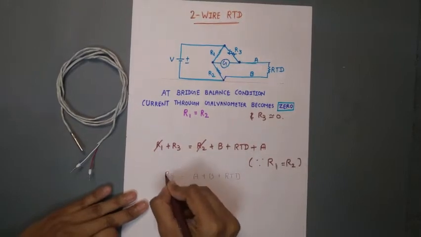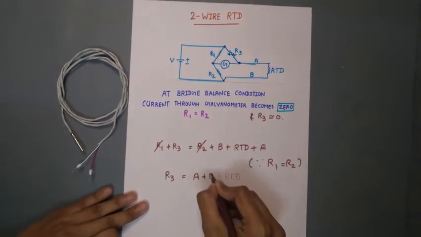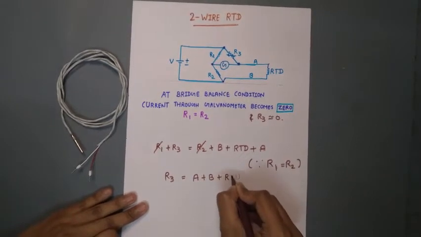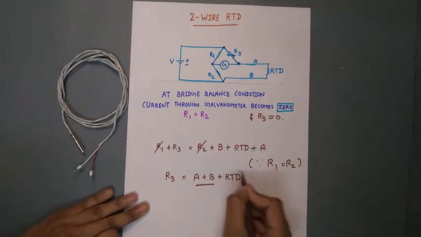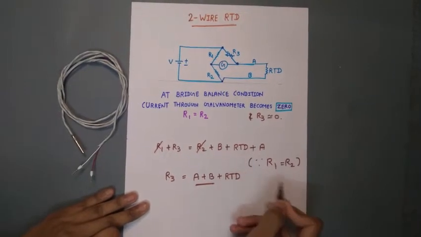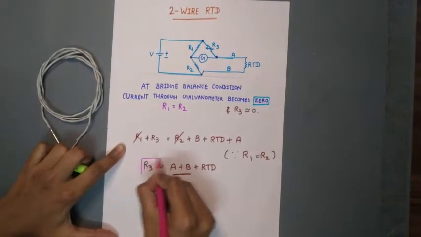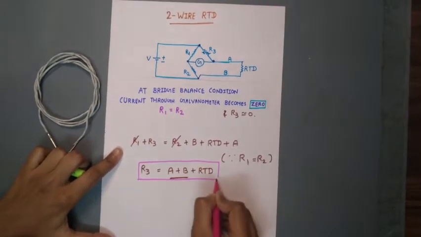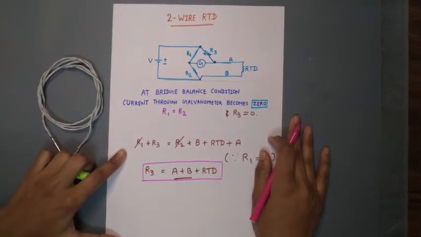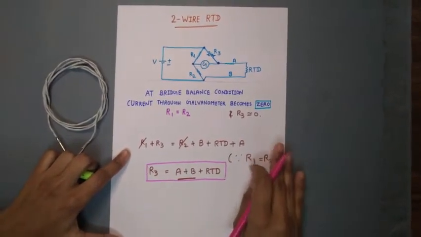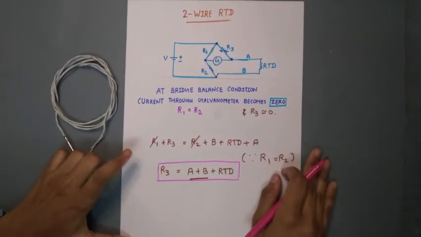So now R3 is equal to A plus B plus RTD. So the lead wire resistance is added with the RTD, which may give errors. Due to these errors, we don't use this 2-wire RTD for long distance measurement, which cannot give accurate results. So now we will talk about the 3-wire RTD.